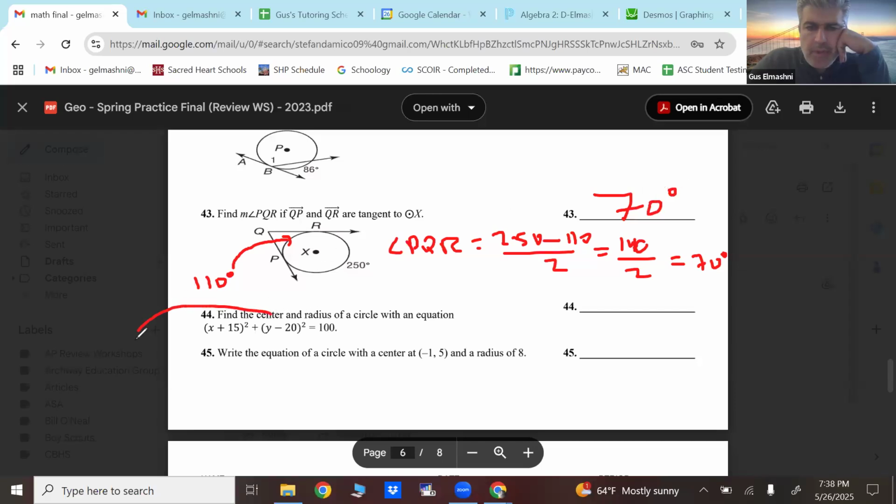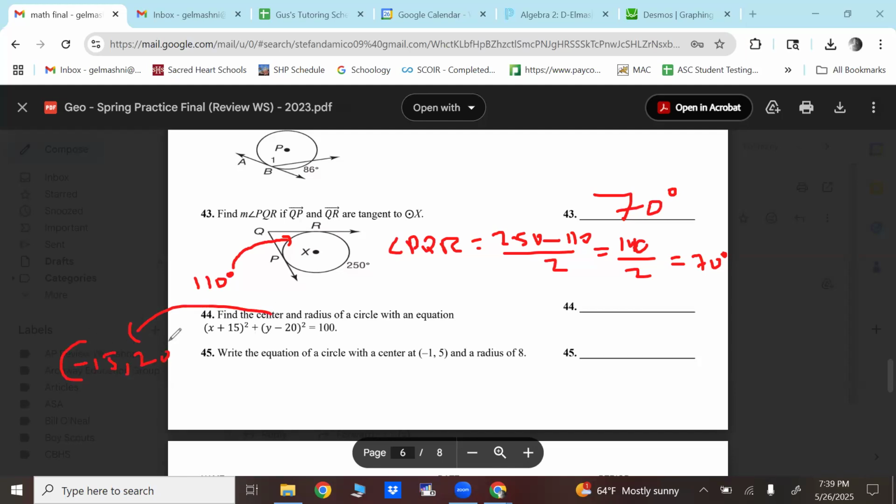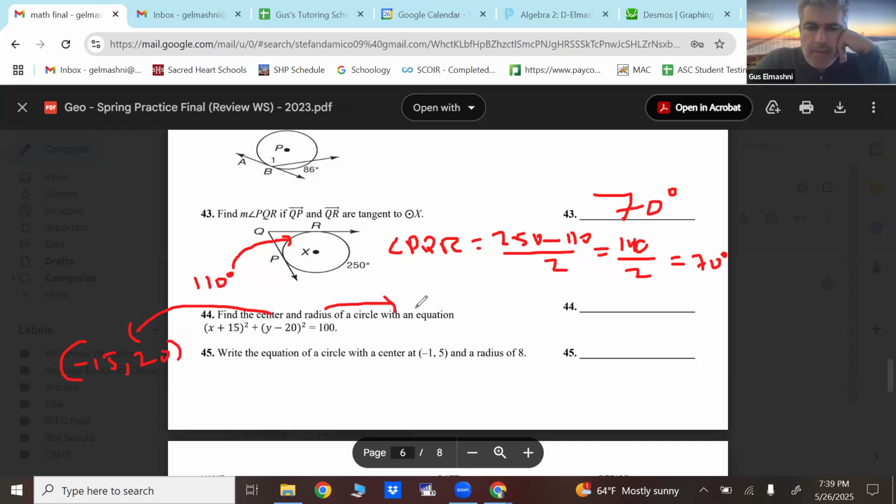Here, the center is going to be negative 15, comma 20. And radius is going to be 10.